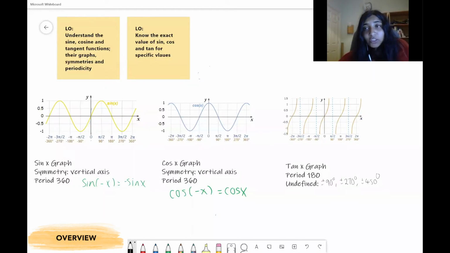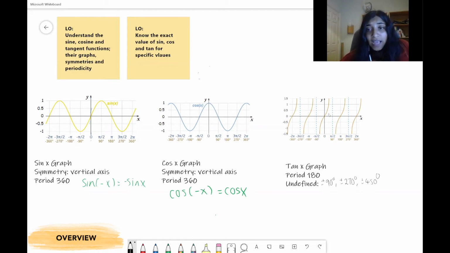So if we move on to the tan x graph, this one is a lot different to the other two graphs, as you can see by the shape. So the first main difference is that for the tan x graph, it's undefined at the values of plus minus 90 degrees, plus minus 270 degrees, and plus or minus 450 degrees.